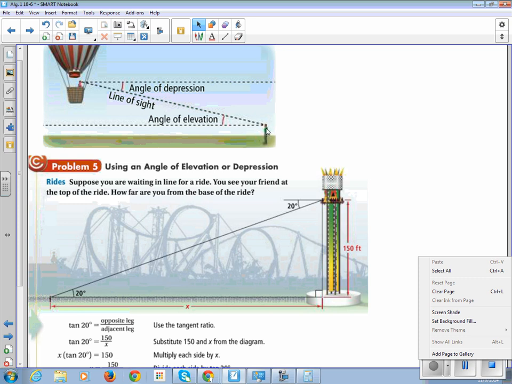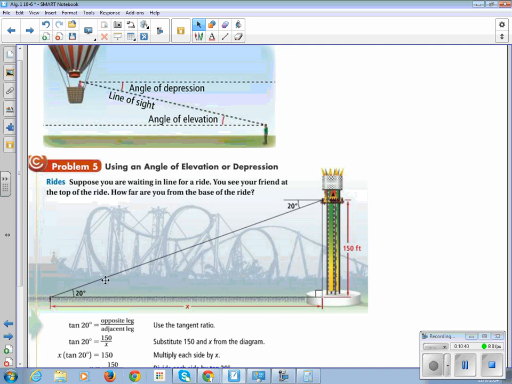And then angle of elevation is if you're on the ground and you're looking up. So depression is where your line of sight is lower than your eyesight. Angle of elevation is where your line of sight is above your eyesight, your eyeball level.